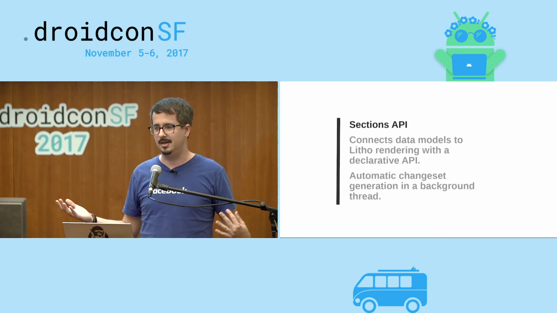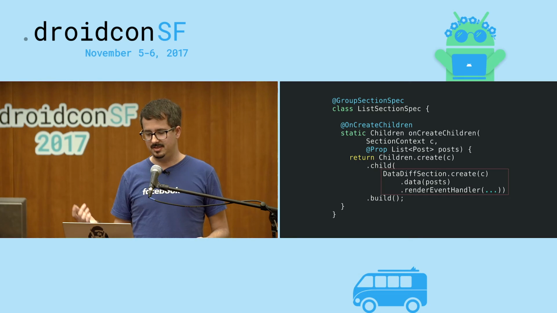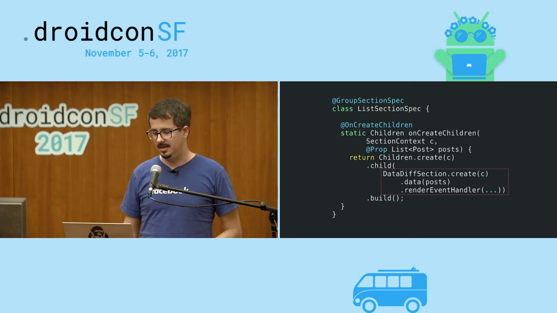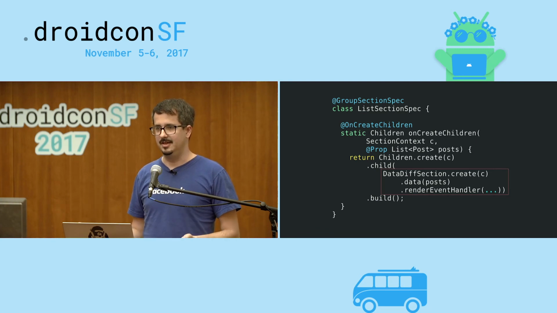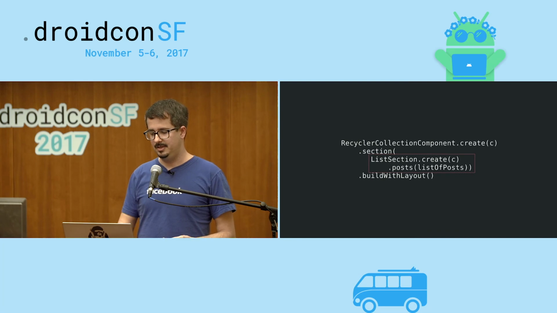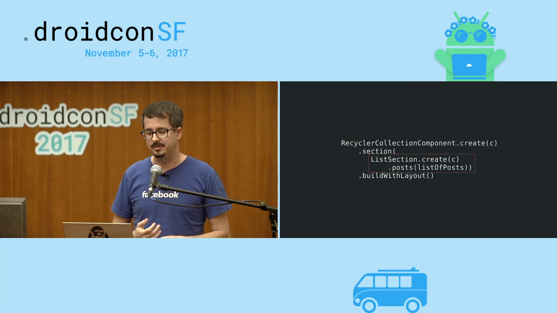So you don't have to write adapters anymore. In practice, you provide a list of props, a list of your data models. And we have this building block called data diff section. You just provide it the list, and when something changes, you provide the list again. You have this top level component that is essentially a RecyclerView under the hood.